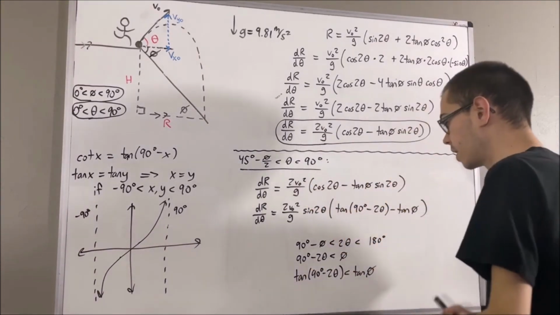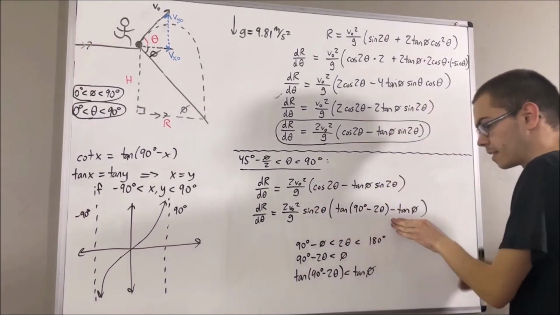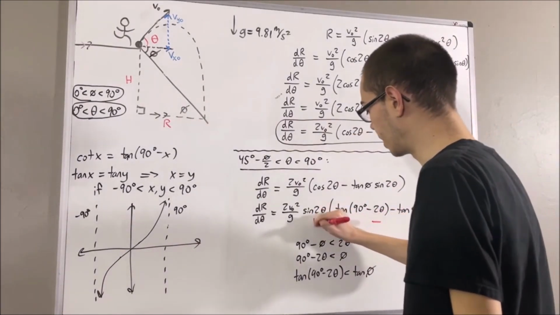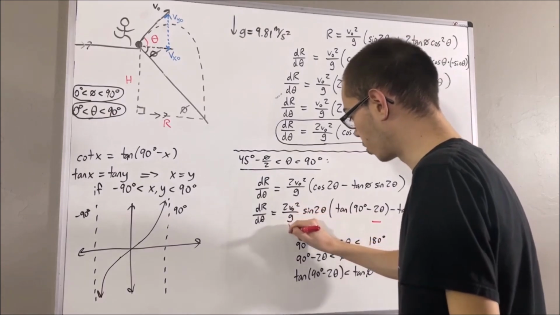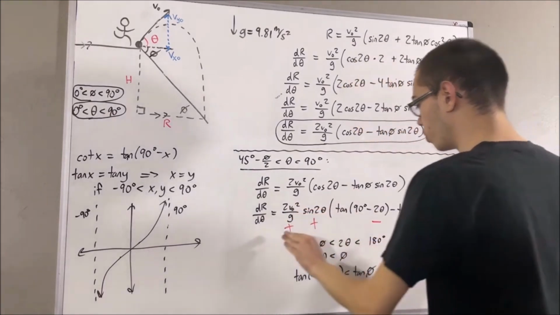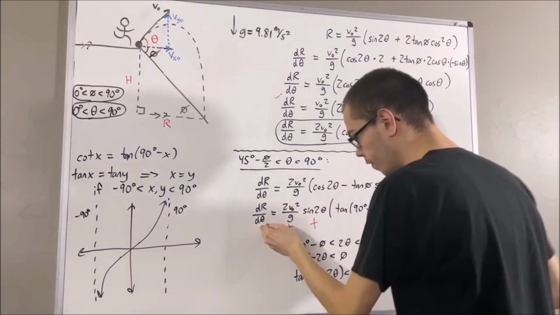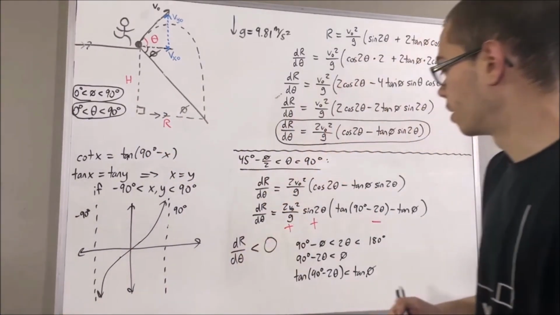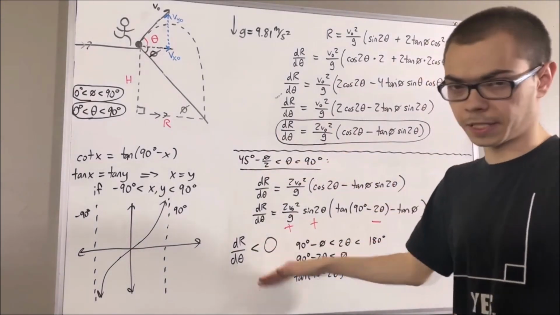And so because of that, this tells us that this difference is negative. Just as before, sine of 2 theta is positive, and 2v0 squared over g is positive. So when we multiply these together, we have that the derivative is negative. And so, on this interval, the derivative is negative.